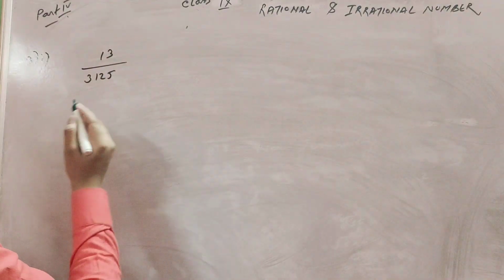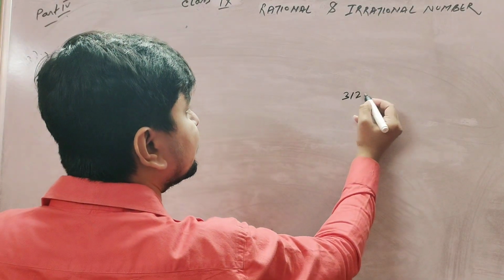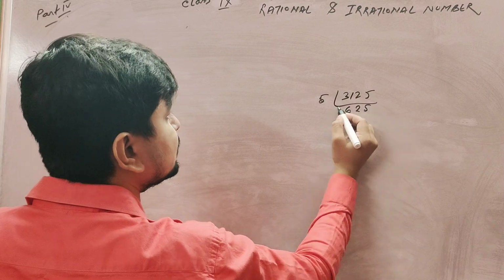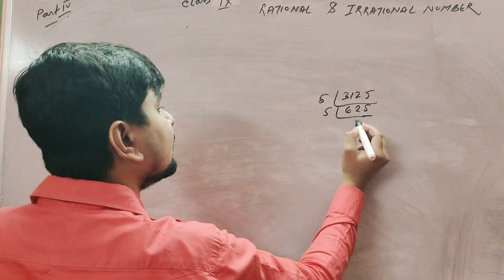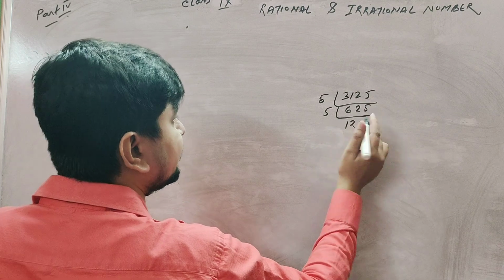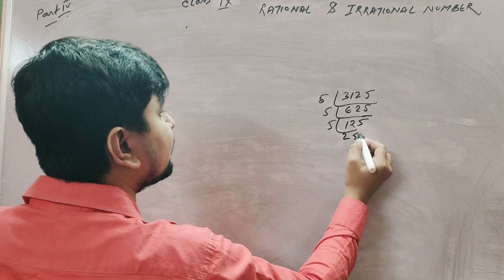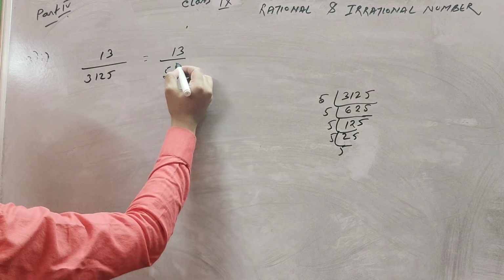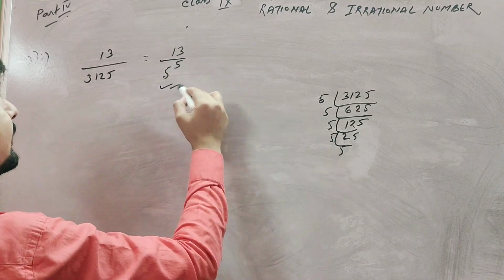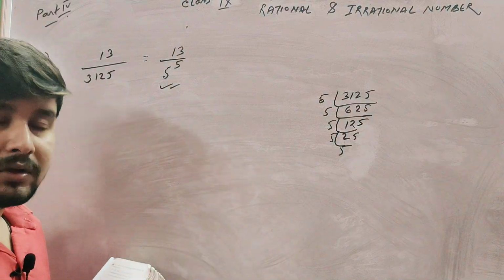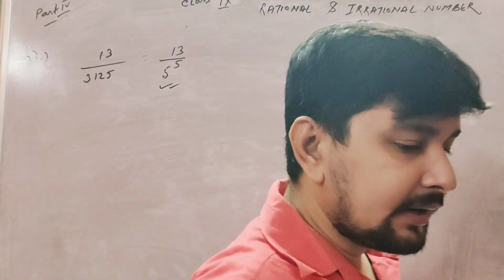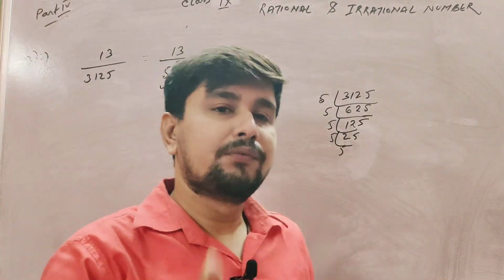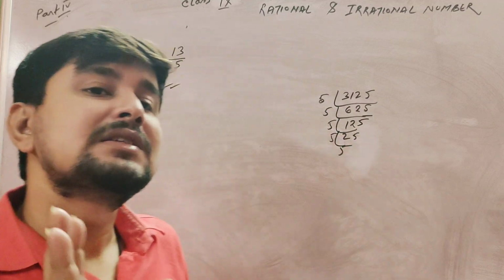Done? So first of all, we factorize the denominator 3125: 5 times 5, and so on, until we get 5, 5, 5, 5, 5. So we see that the factor is only 5. That means this is terminating, because if the denominator has the factor 2 or 5 or both, then it is terminating.